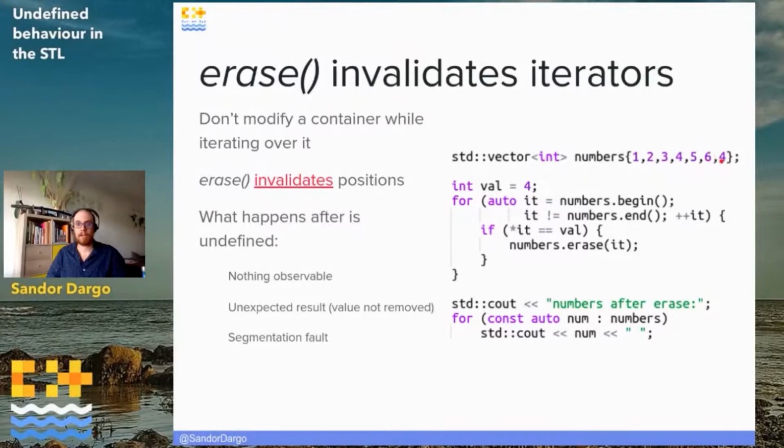But if you have this 4 at the end, it's very likely that you will get the segmentation fault and the core dump. Honestly, probably this is still better than unexpected results. You have a better chance to actually look into the code and find this erroneous usage of erase.